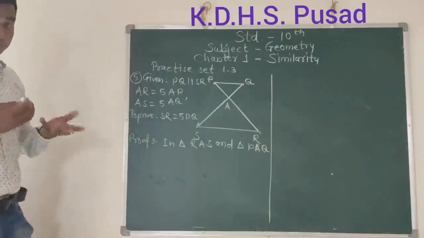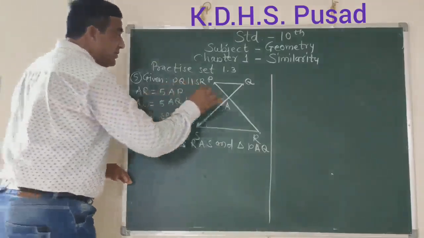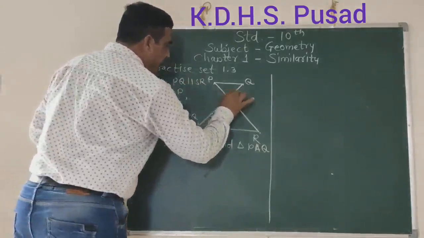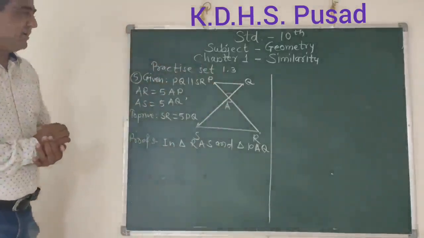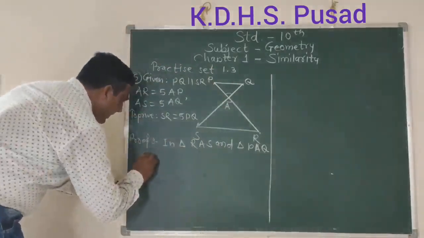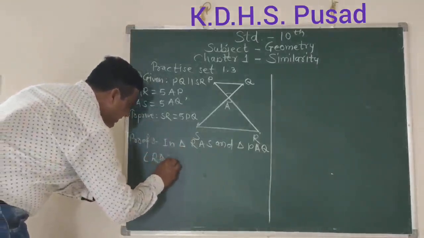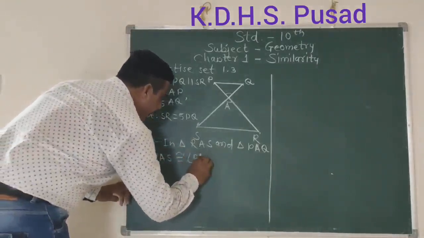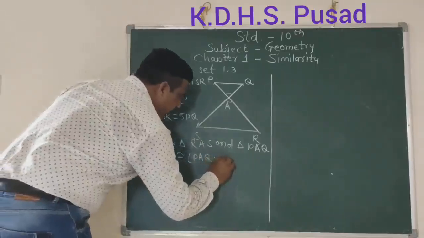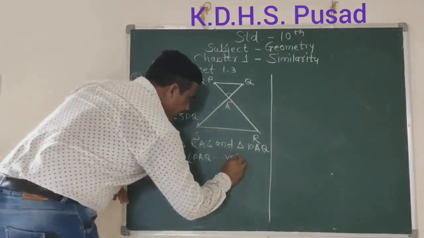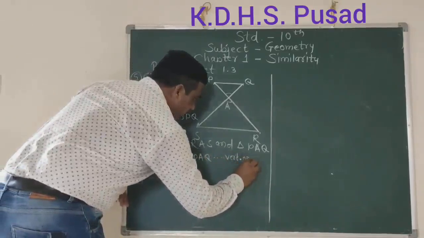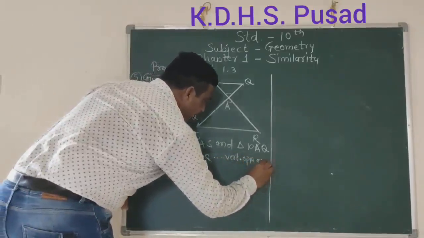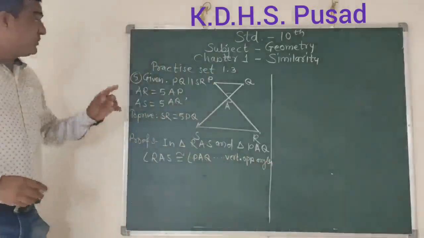So make a list of congruent parts. First of all, as we have studied, vertically opposite angles: angle RAS congruent to angle PAQ, vertically opposite angles.